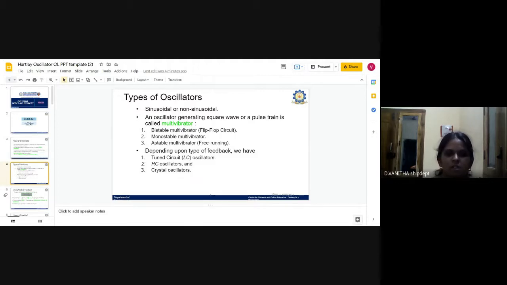One is the bistable multivibrator, and the example is the flip-flop circuit. The second one is the monostable multivibrator. The third one is the astable multivibrator, which is called the free-running multivibrator.